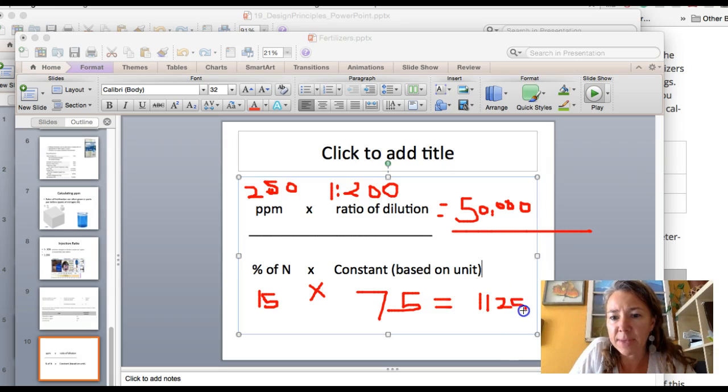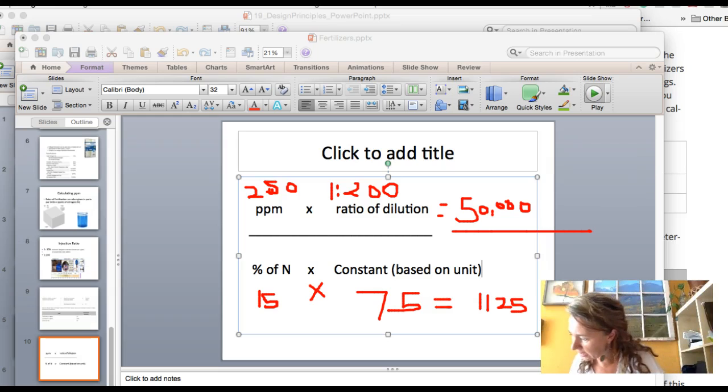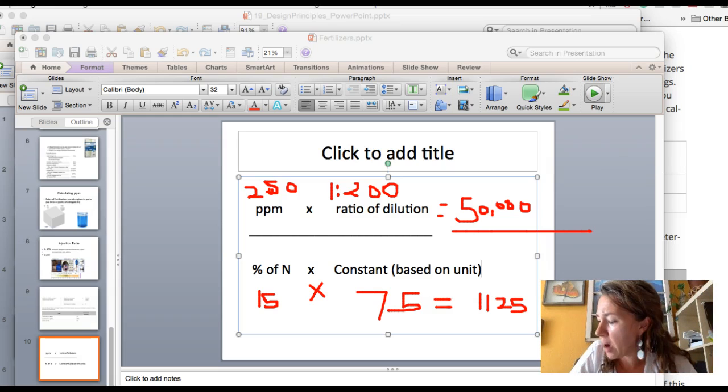And I'm going to bust out my calculator for this one, but I'm just going to divide 50,000 by 1125, and you can't see my calculator, but that's going to give me about 44.5 ounces.